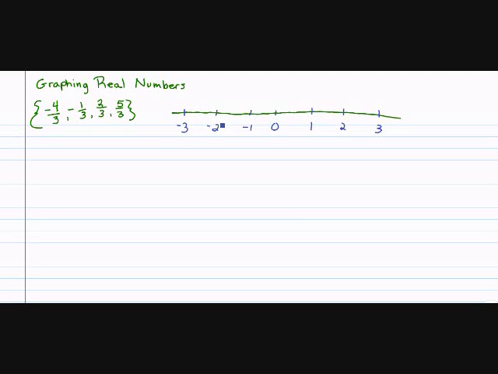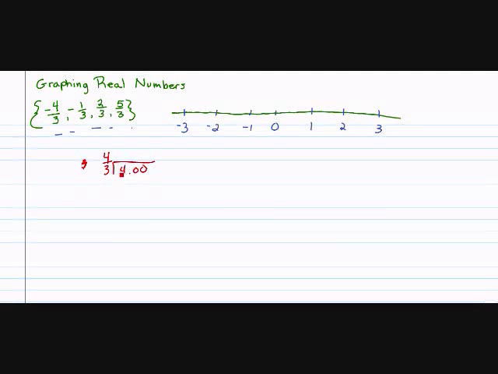Okay. Now I'm going to graph these numbers here. These numbers are fractions, so they go in between your whole numbers and negative numbers. Negative 4/3. I have to divide. I have 4/3 and 4.00.